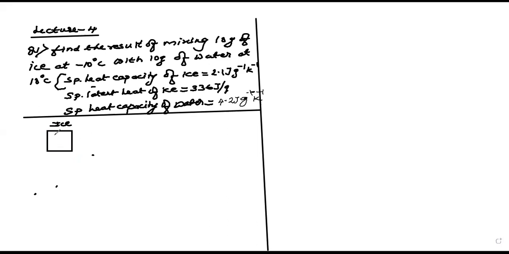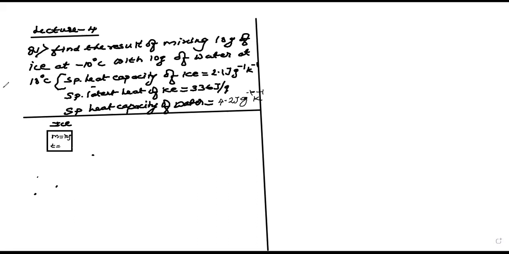It's only 10 gram, but minus 10 degrees Celsius. इसका temperature क्या है? Minus 10 degrees Celsius. अभी इसको mix करना है. किसके साथ mix करना है, children? Okay, this is your ice. Its mass is hardly 10 gram, and its temperature is minus 10.